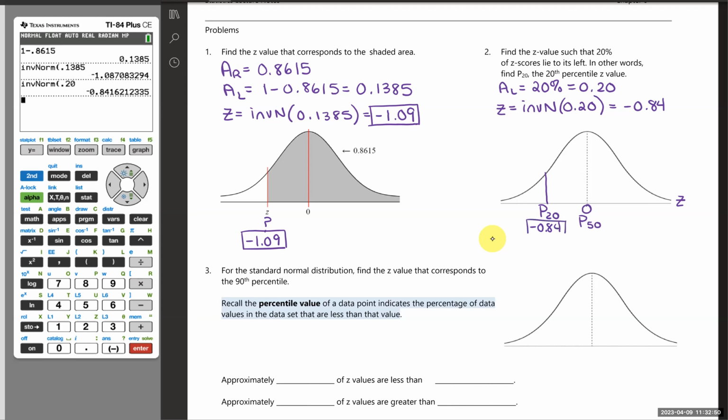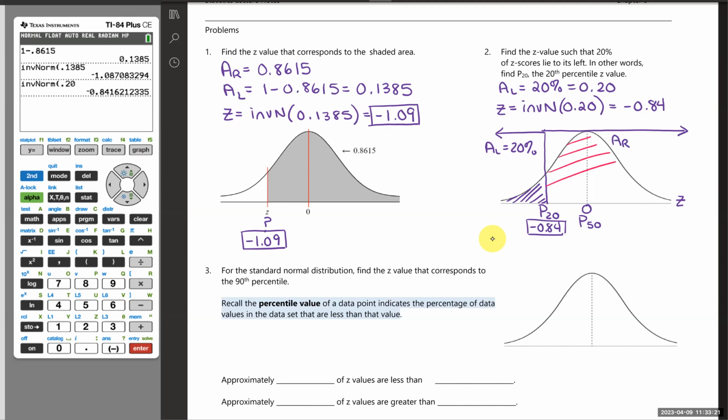And then we are going to be interpreting these percentiles as well. So let me add some information to the picture. So we just found the z-score that puts 20% of z-scores to the left of it, which means that to the right of the 20th percentile, so that area to the right of it, I'm going to just switch colors to shade it.